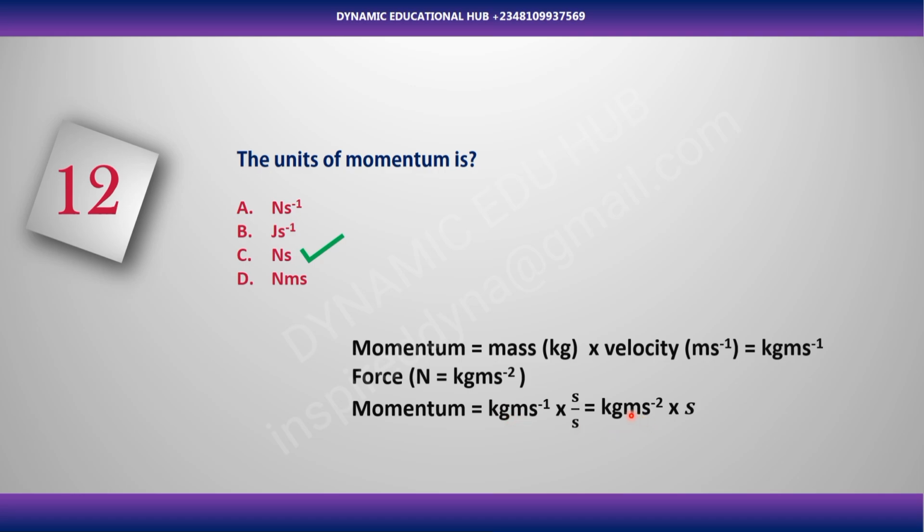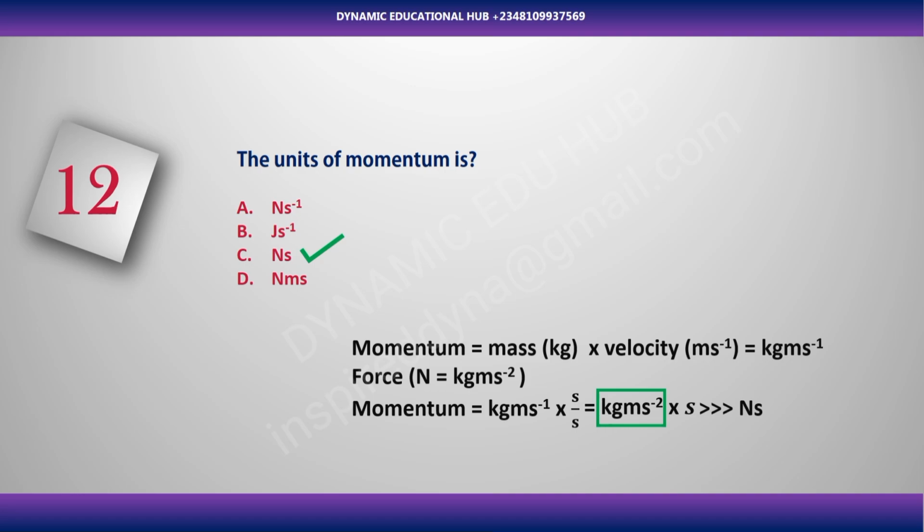We are going to have kilogram meter per second squared: S raised to power minus 1 divided by S gives S raised to power minus 2. Now this S that is here, multiply by it. When you do all this, you still get this back. So we now have kilogram meter per second squared times seconds. Now look here. What is kilogram meter per second squared? It is still Newton. Represent that and what are you going to have? We have Newton seconds. See, master this.